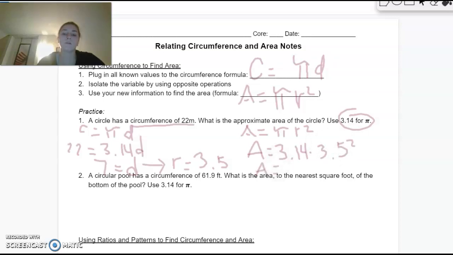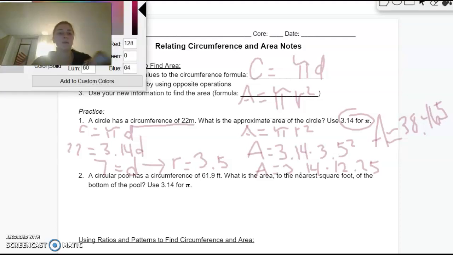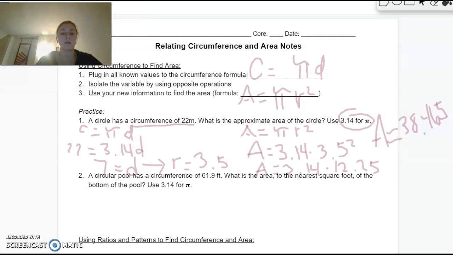And then when we do 3.5 squared, we have 12.25, okay? And when we do 3.14 times 12.25, we end up with approximately 38.465.